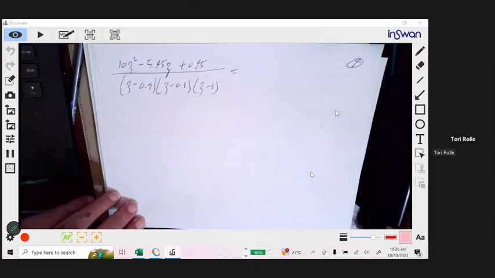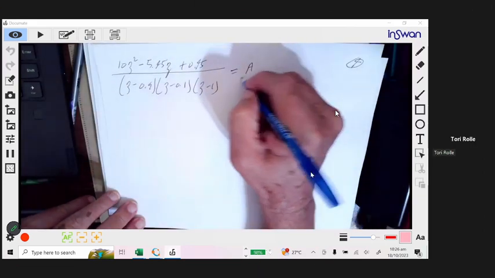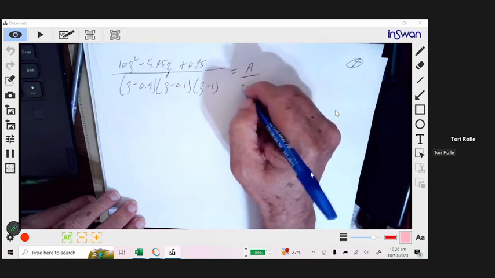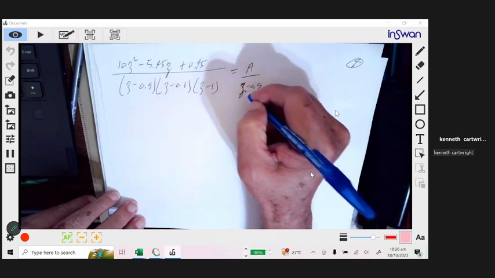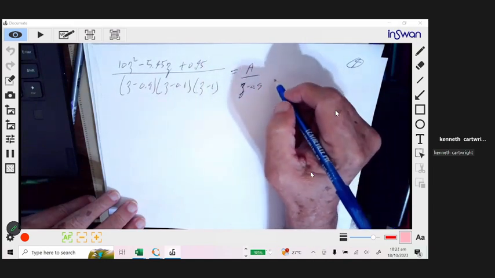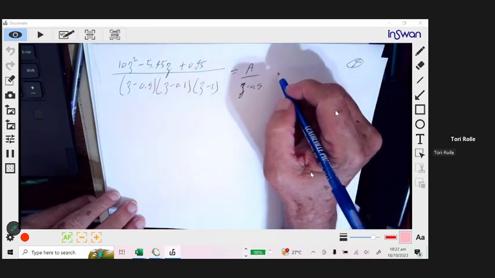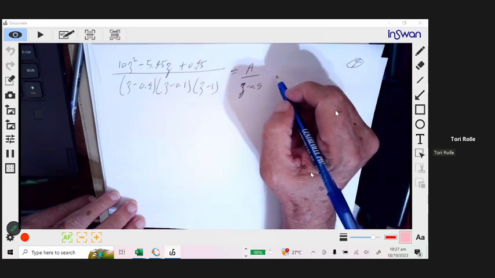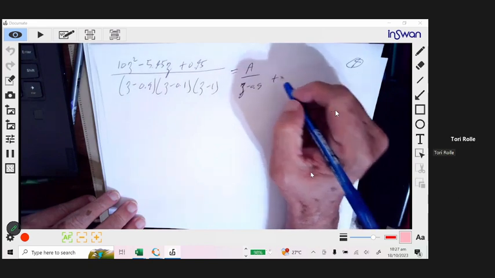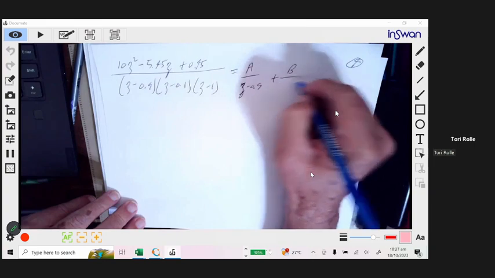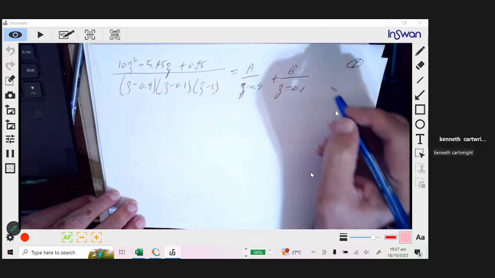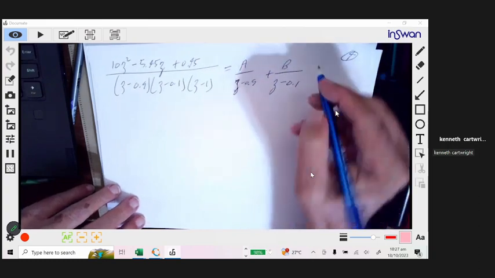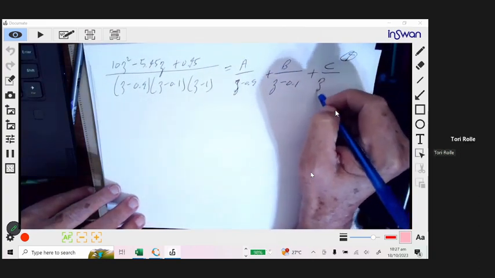It'll be A over z minus 0.9, plus B over z minus 0.1, plus C over z minus 1.